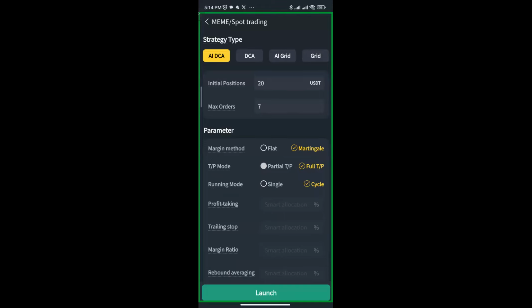I don't want to use the AIDCA because my initial position might be too much, the AIDCA might have $20, which is too much for me. Okay, so what do you do? You tap on DCA. So now when you tap on DCA, you see the system is now opened up.